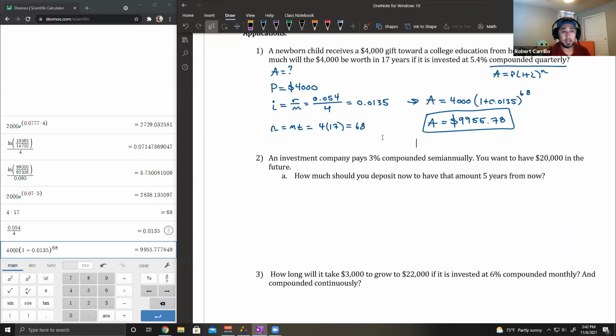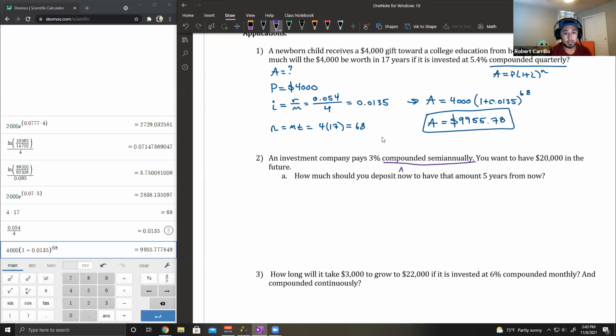Two, an investment company pays 3% compounded semi-annually. You want to have $20,000 in the future. How much should you deposit now to have that amount 5 years from now? Okay, so again, this says compounded semi-annually, so again we're using the compound interest formula.